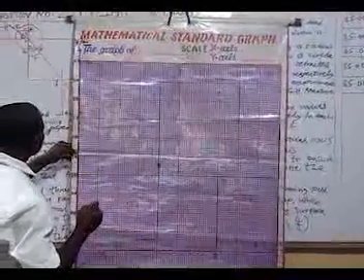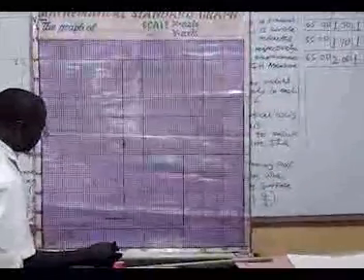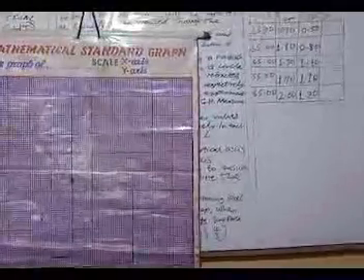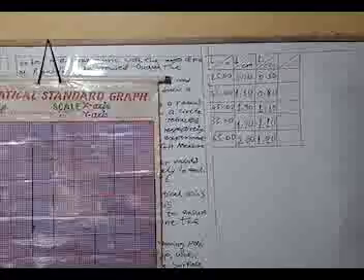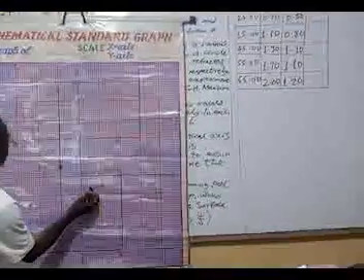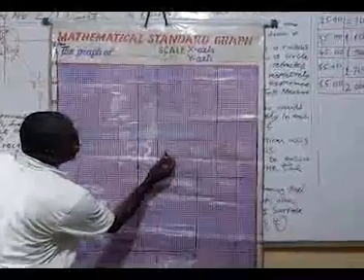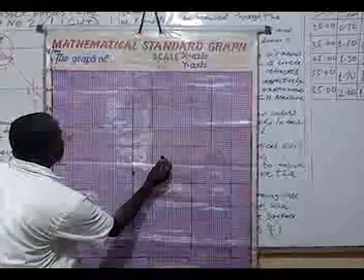1.3 will be between 1.2 and 1.4, against 1.1. 1.1 will be here, in between 1.0 and 1.2. Trace it up until you get to 1.3.